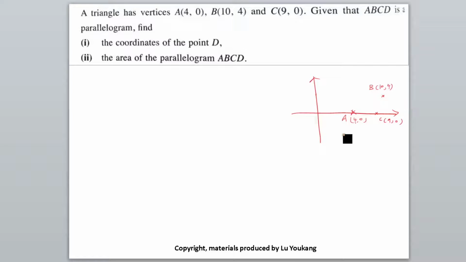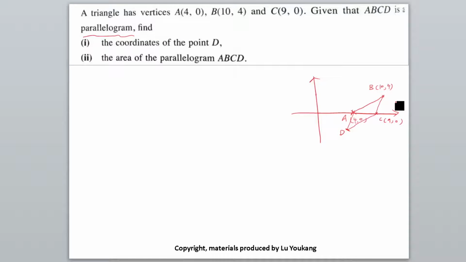With this, we can start to link up A, B, and C, and we have got this triangle. And we also know that the coordinates of the point D will help us form a parallelogram.